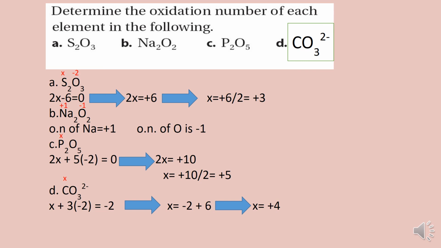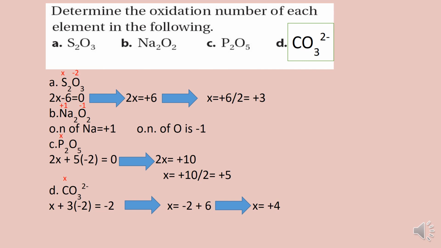Now part B, you have sodium peroxide. You have to remember the rule of peroxide. In this case, the oxidation number of oxygen is -1, and the oxidation number of sodium is +1, so the sum of them is also equal to 0. Now let's take part C, which is P2O5, diphosphorus pentaoxide.